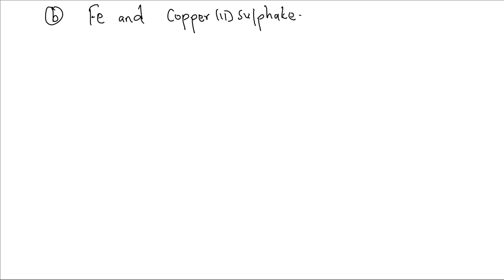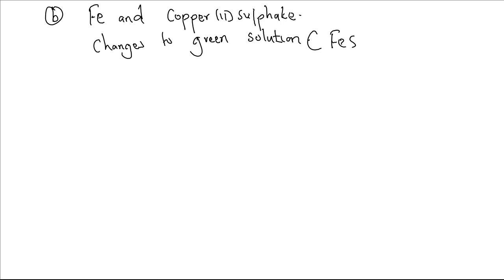Therefore, the blue copper 2 sulfate changes to green solution. The green solution is due to formation of iron 2 sulfate. When the iron 2 ions are released in the reaction, then the solution turns green.